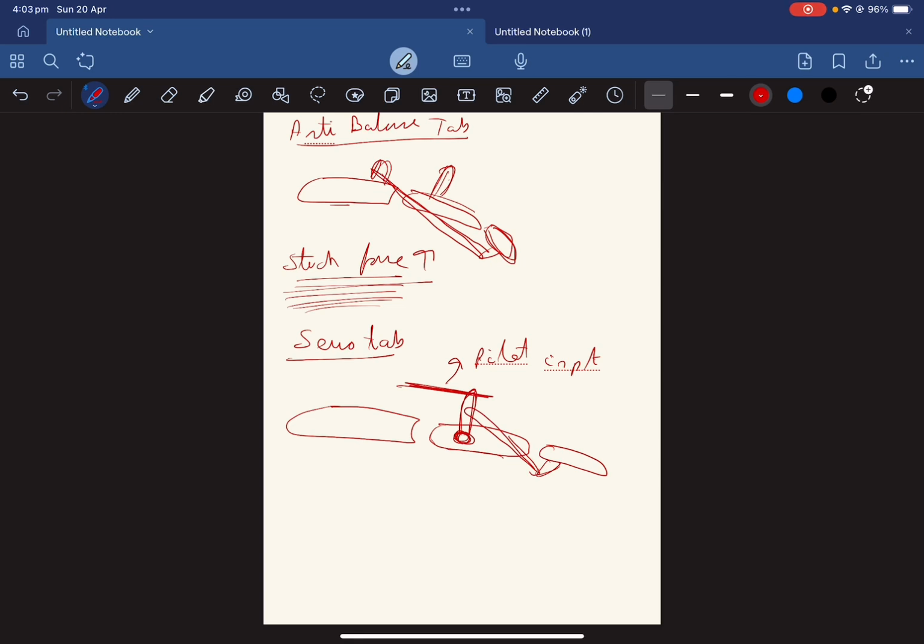So the first difference is the pilot controls the tab instead of the control surface. If the tab is moved, the direction is opposite, so it's going to reduce my stick force.